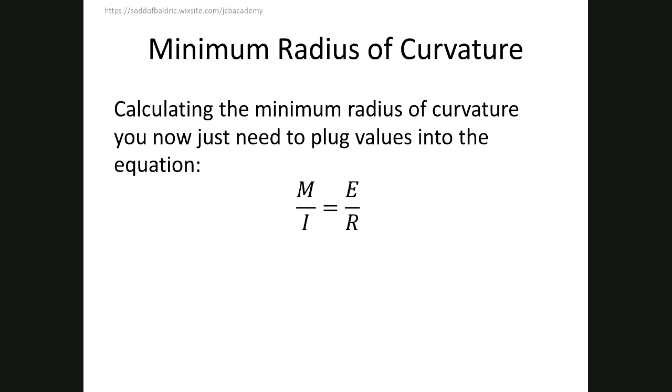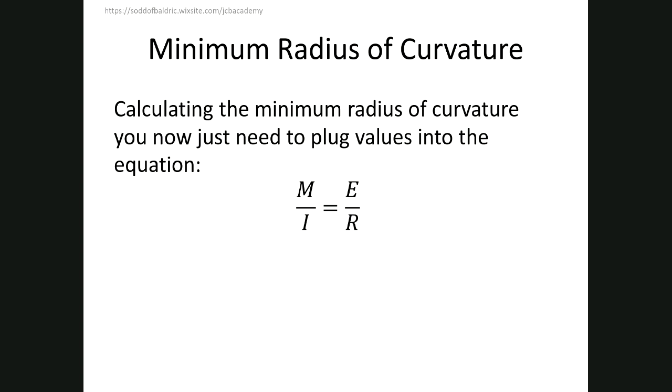So we're only going to use these two parts of the beam equation. We can use the others if we want, but these are the ones we happen to have to hand. We know what M is: M is 9,000 Newton meters. E is given to you in the question, and R is what we're after.